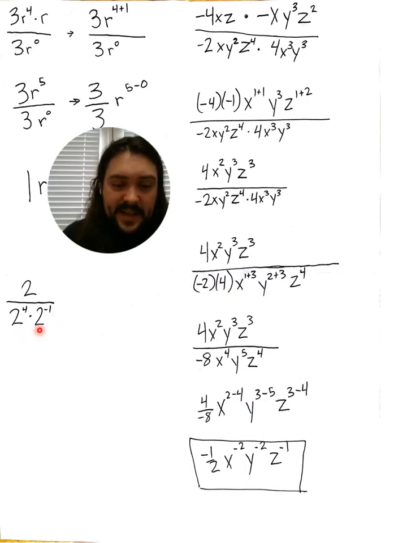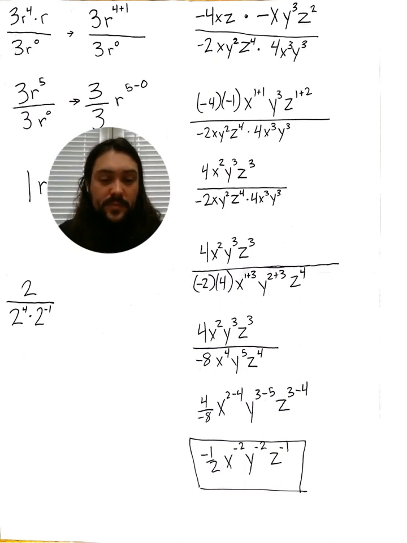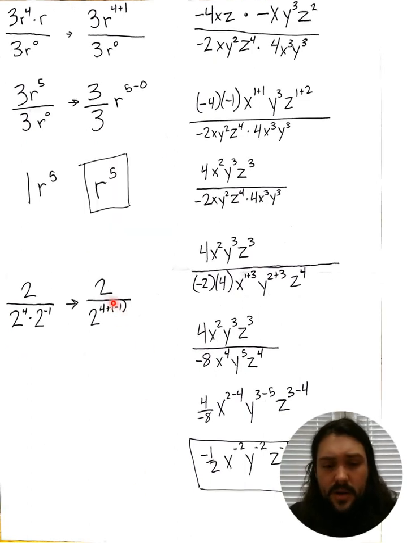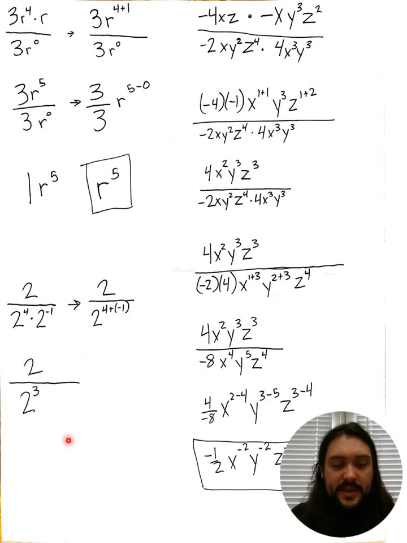Remember, the base is 2. We're not multiplying the 2's together. That's our base. So combine those, I get 2 to the 4 plus -1. 4 plus -1 is +3. So we have 2 divided by 2 to the +3.